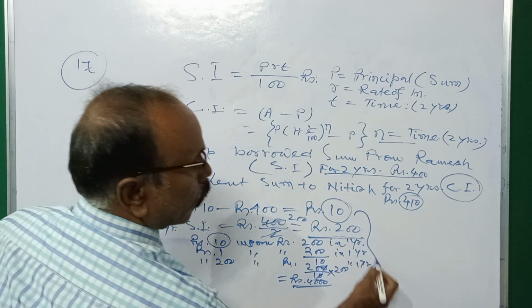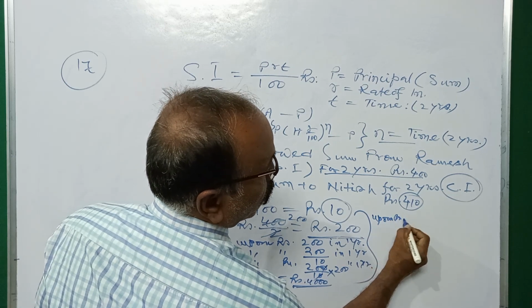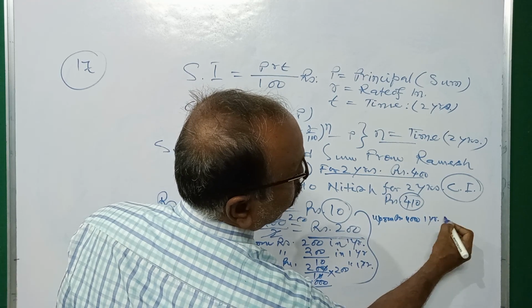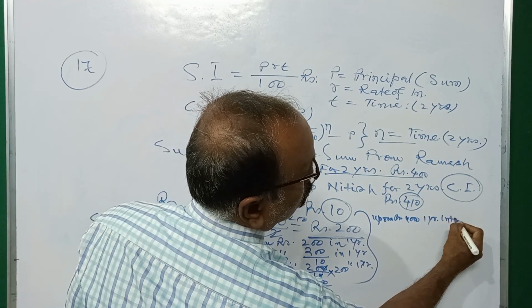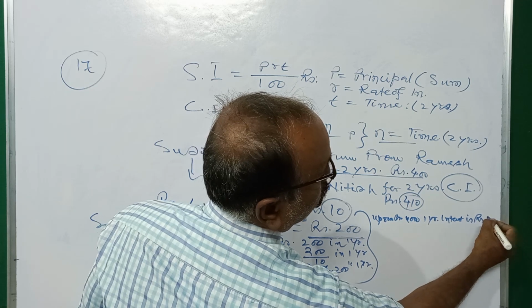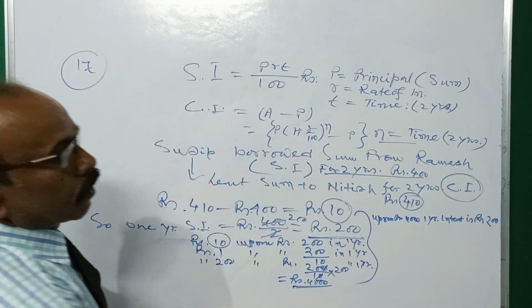So upon rupees 4000, 1 year interest is rupees 200. Am I clear?